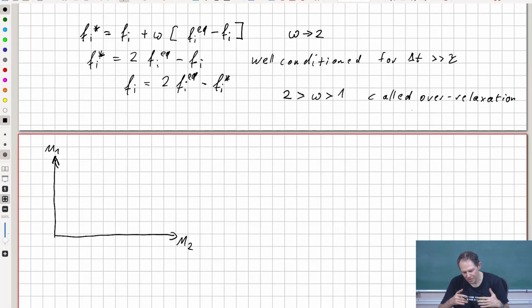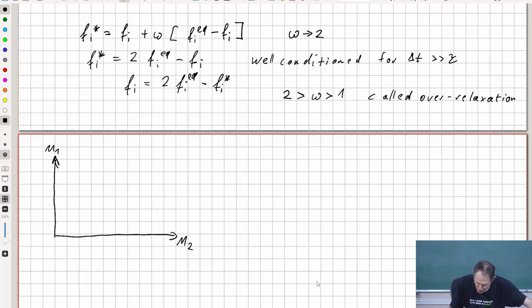Suppose we draw our state space, the state space of F. This is composed of different moments, usually many moments, so it is a very high-dimensional space. Since I cannot draw a high-dimensional space, I pretend that this is made up of just two moments, M1 and M2.